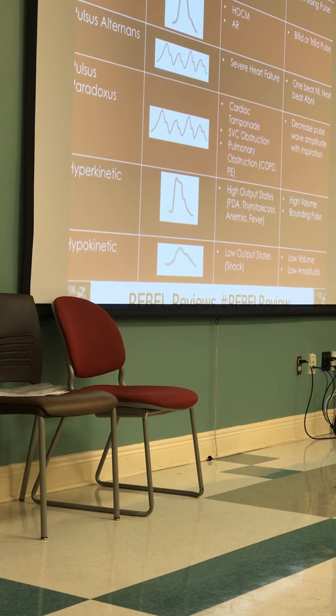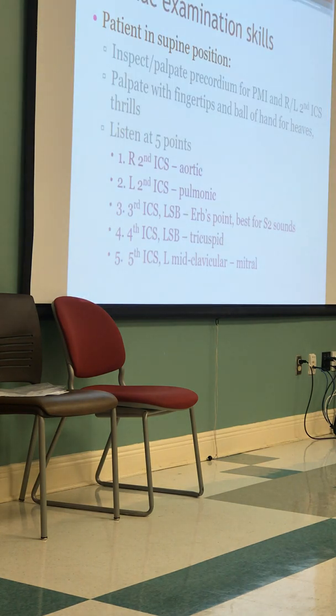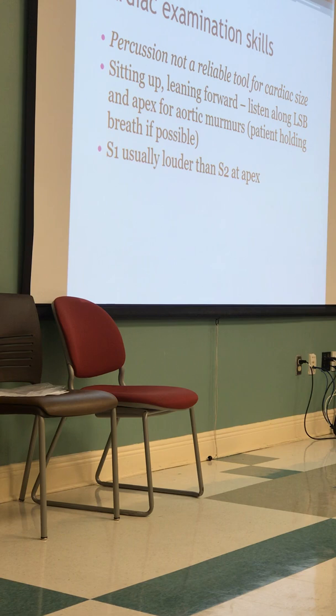Where's your tricuspid valve? Fourth, left of the sternal border. Alright guys, you need to know that like the back of your hand. That's what's going to help you.